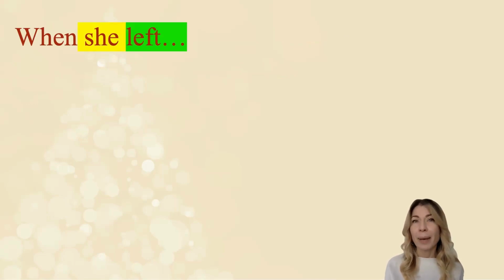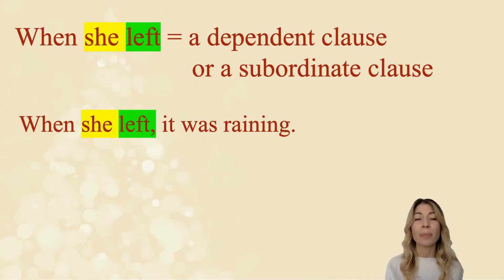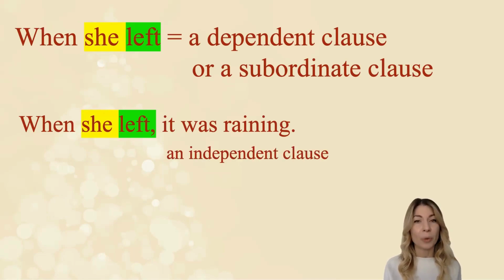But is it an independent sentence? No, it is a dependent clause or a subordinate clause because it really doesn't tell you a lot of information. You kind of feel that there should be something else. And if you add some information, for instance, when she left, it was raining, then the sentence is meaningful. And this it was raining is an independent clause.